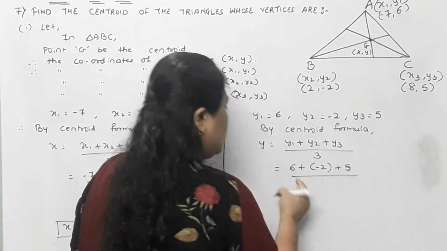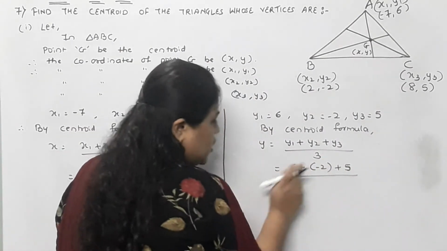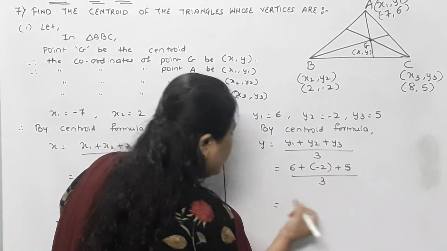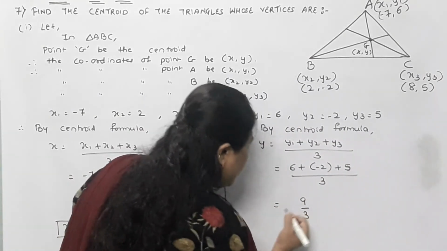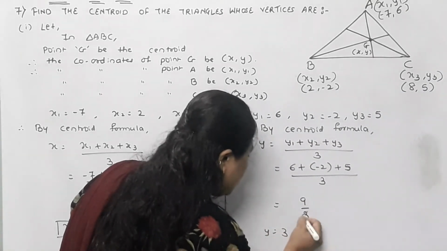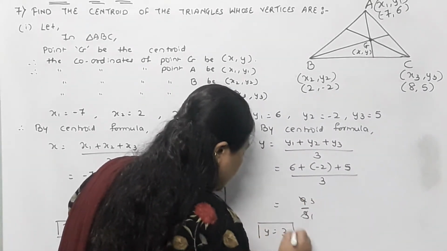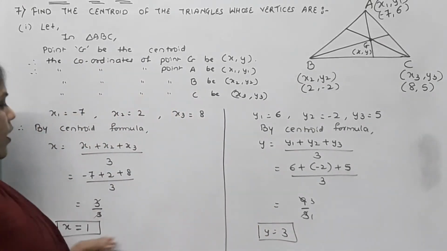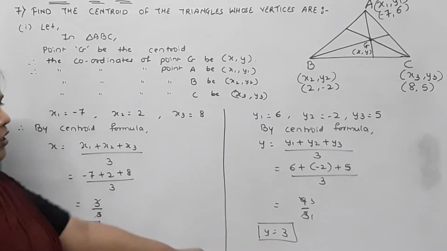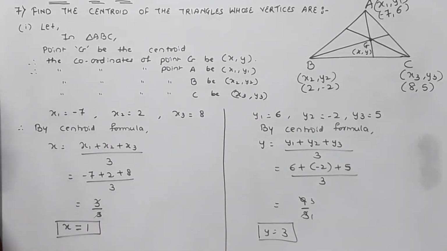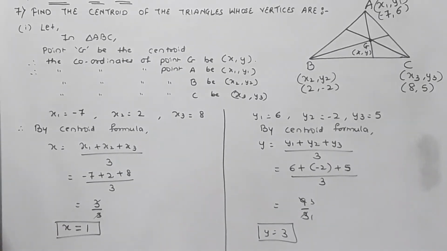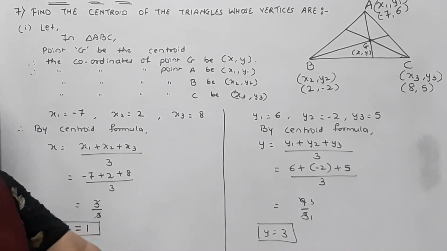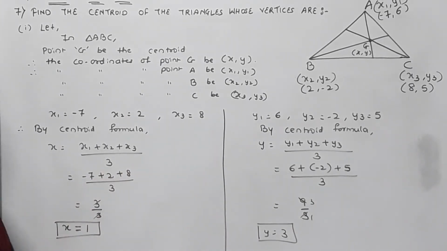So here 6 minus 2 is 4. 4 plus 5 is 9. 9 divided by 3, y equals to 3. 3 ones are 3, 3 3s are 9. So the coordinates of the centroid G are 1, 3. That final answer you write down. Okay. The coordinates of point G are 1, 3. Note down the answer, then we'll move ahead.